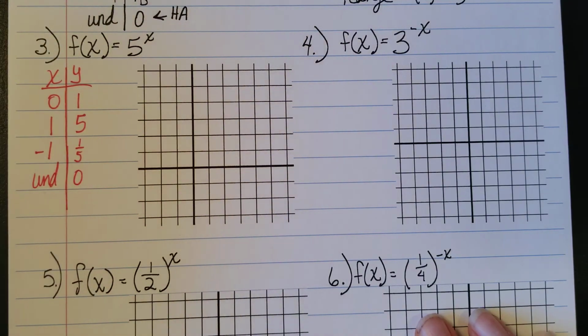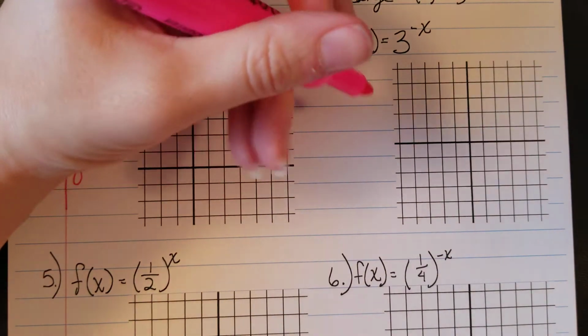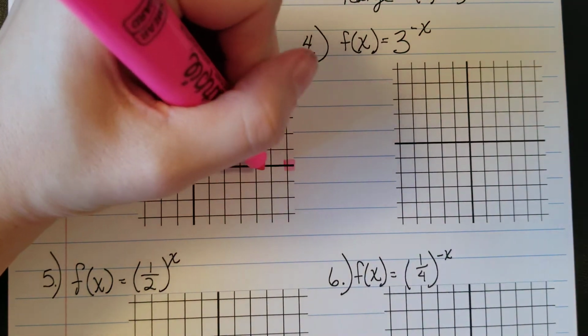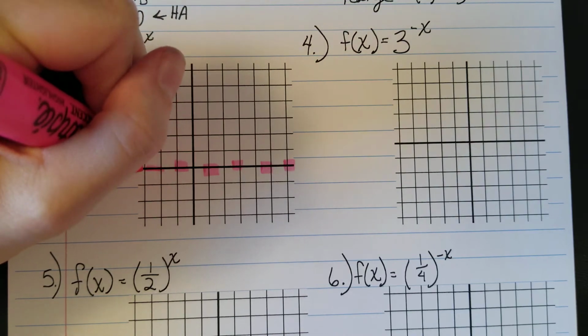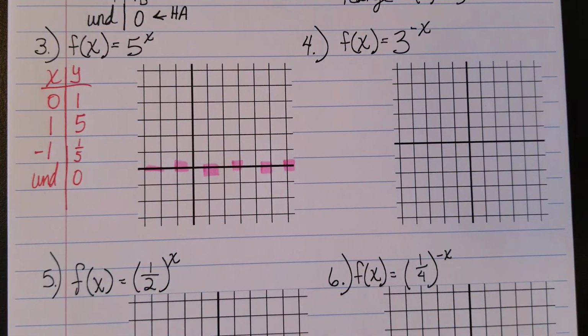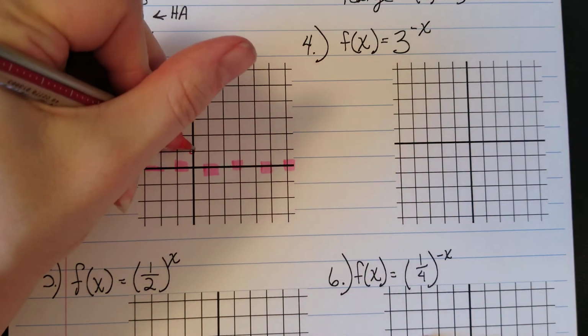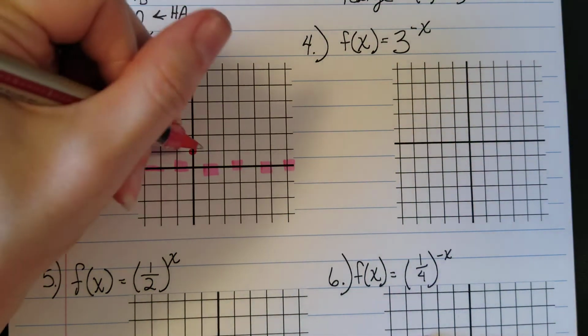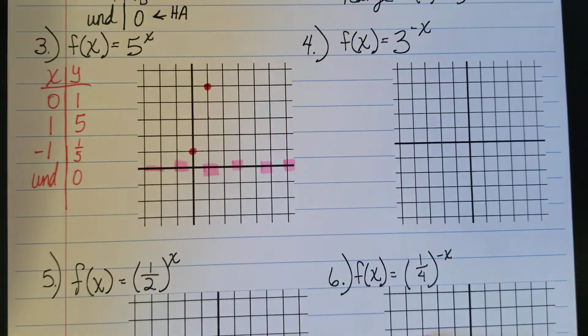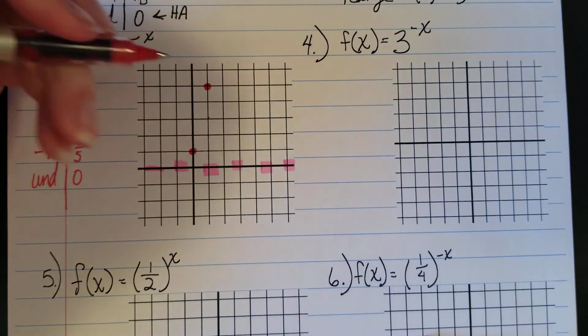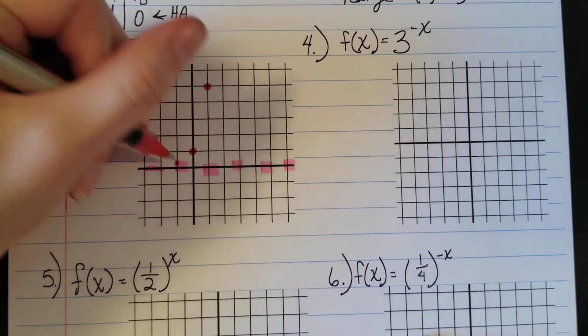So your horizontal asymptote is at 0. And then 0, 1, 1, 5, and -1, 1/5 would be like down here.